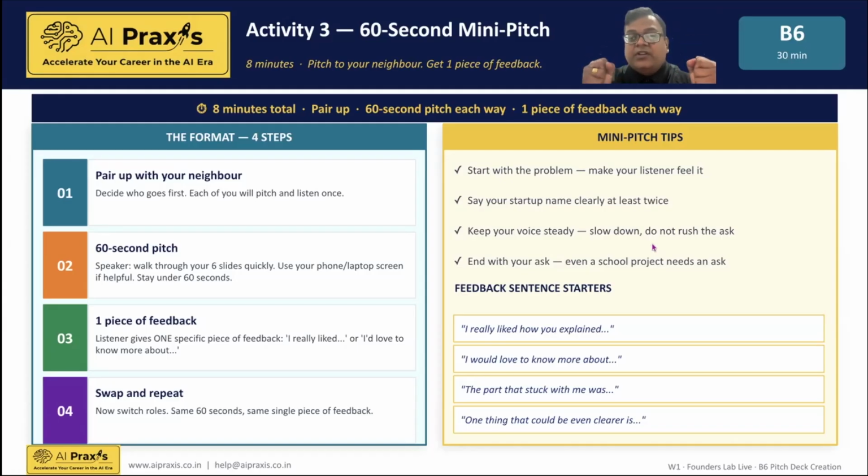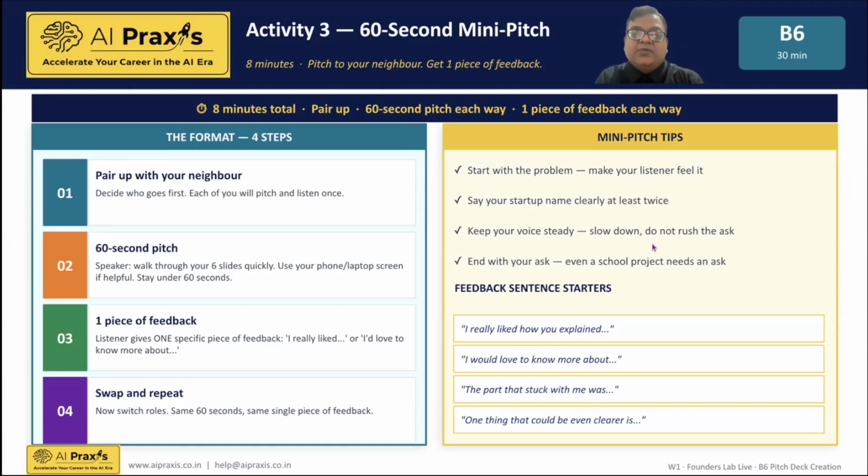Now, there are 4 small things I want you to remember while pitching. Start with the problem. Don't begin by telling everything about your product. First, make the listener understand why the problem matters. Say your startup name clearly, at least twice. You want people to remember what you're actually pitching. Control your pace.